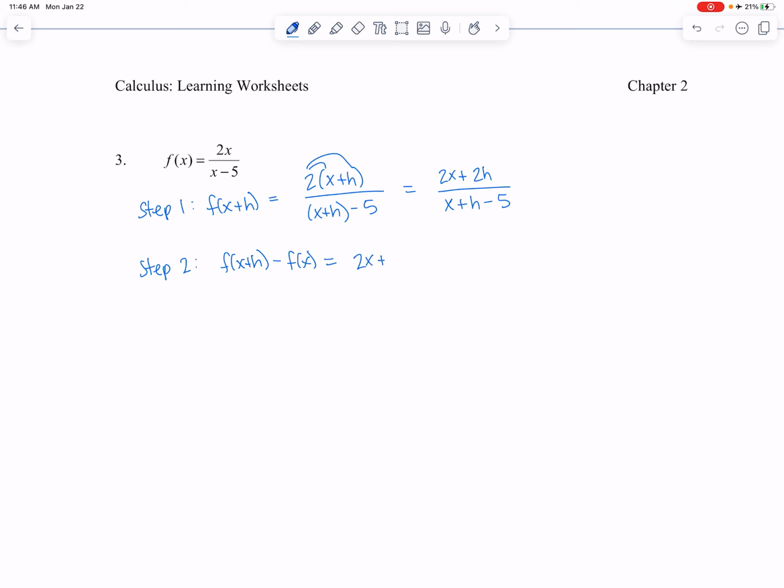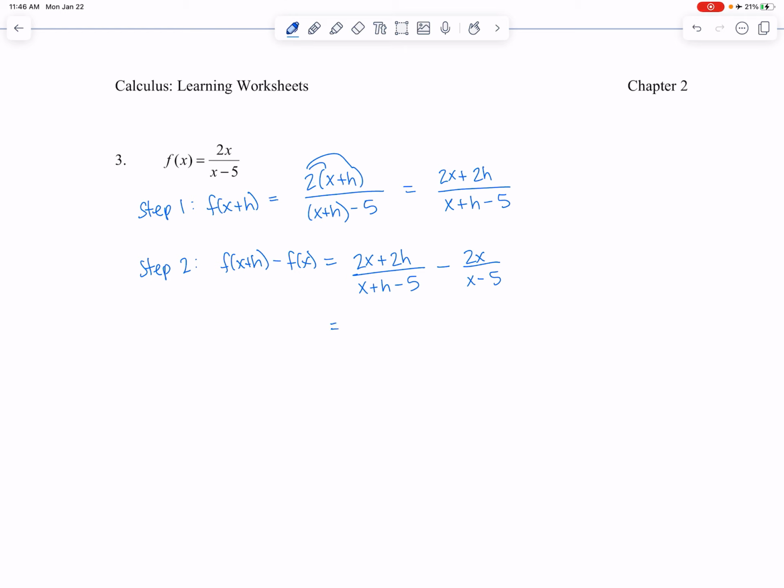(2x + 2h)/(x + h − 5) − 2x/(x − 5). And in order to subtract fractions, we need common denominators. So what I'm going to do is multiply each of them by the other one's denominator. That way they're the same.